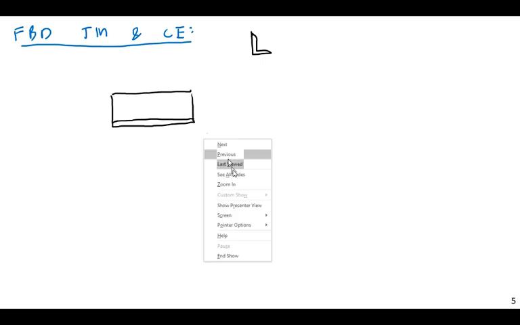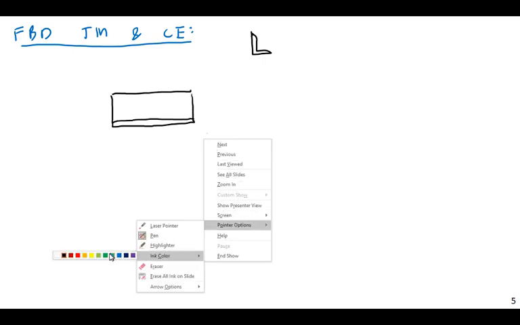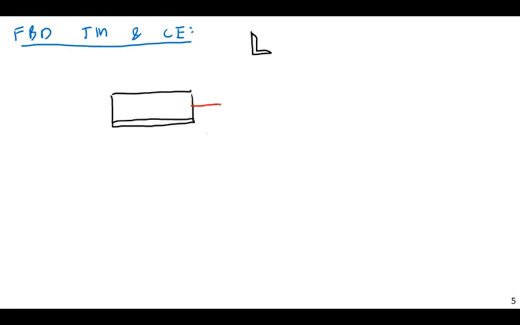and I want to connect this to a column, or really any kind of support, anything that I can treat as a fixed support. I have a load P here. Now, I could just weld this angle right to the side of a column, but sometimes that can be problematic, especially if the column doesn't have a flange of the right thickness.